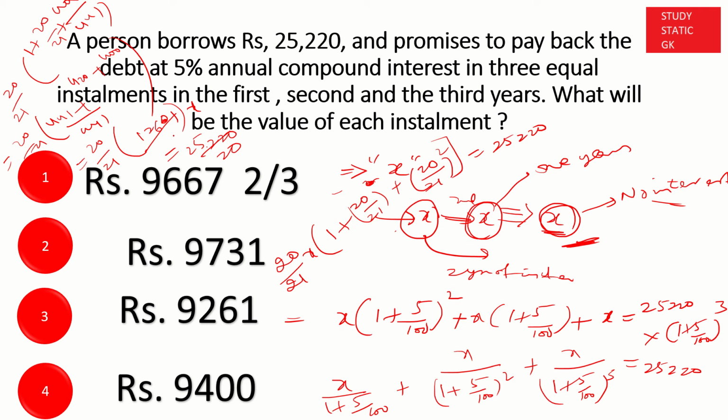Again by 441 in there, right? 2s are 20. This 20 and this 20 cancel. So X is equal to 21 into 441. That is equal to 21 ones are 21, 21 fours are 84 plus 2 is 86, 21 fours are again 84 plus 8 is 92. So 9261. This is the answer.